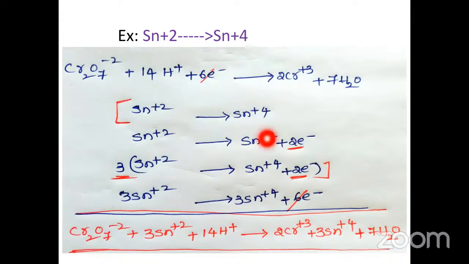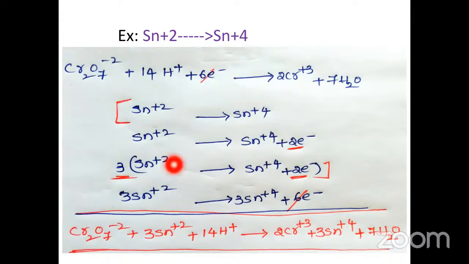The Sn2+ to Sn4+ reaction has only 2 electrons, but 6 electrons are present in the other half reaction. To balance these two half reactions, multiply Sn2+ to Sn4+ plus 2 electrons by 3.